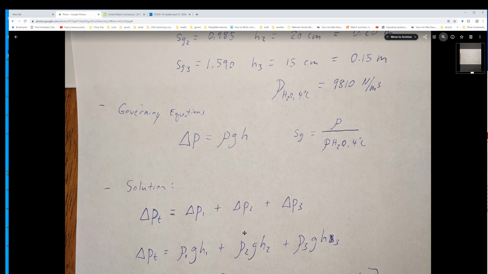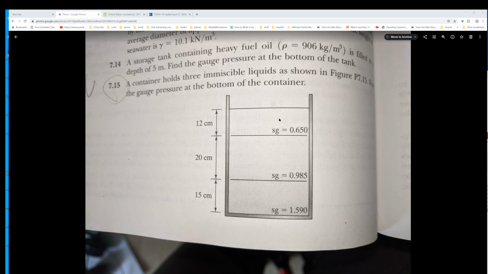So the thing to recognize is that you're using this equation, but now you have to think about the change in pressure relative to a certain position, right? Or relative to whatever pressure is being put on top of it. If you think about it, the liquid at the top, in the highest part of the tank, has whatever delta P is up here, which, since it's gauge pressure, is just whatever the atmospheric pressure is.